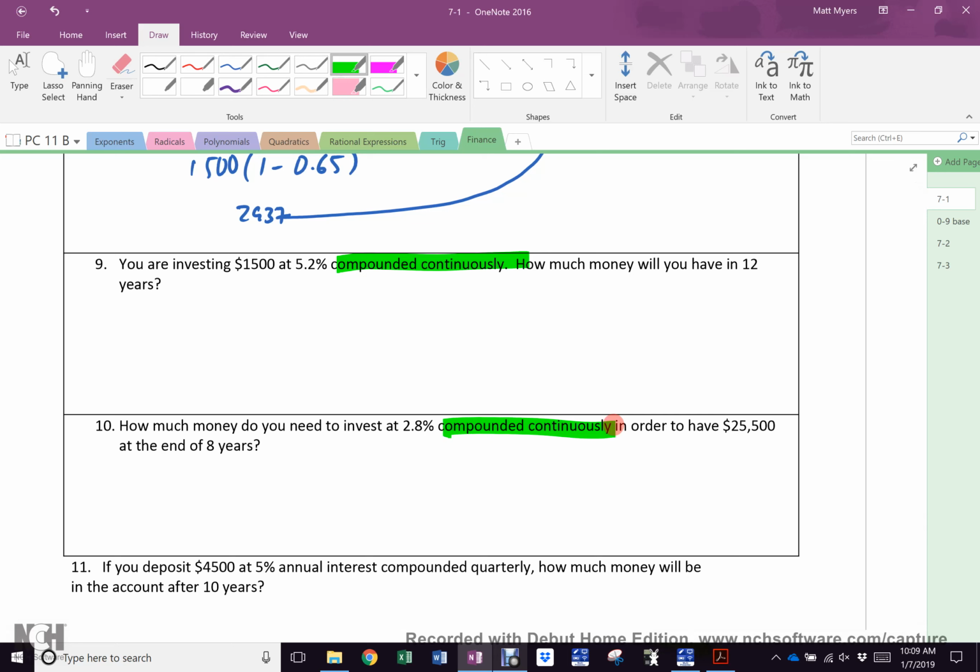So if I give you $100 on January 1st, and I tell you I'm going to pay you 10% interest per year, how much are you going to have on January 1st, 2020?